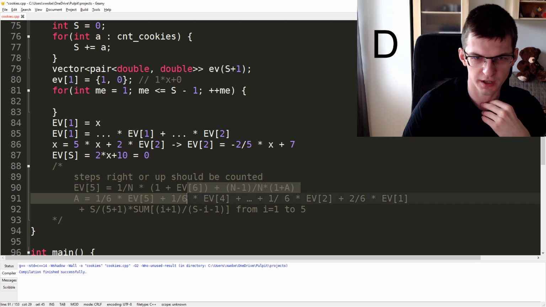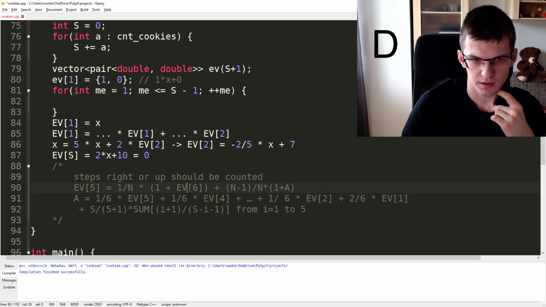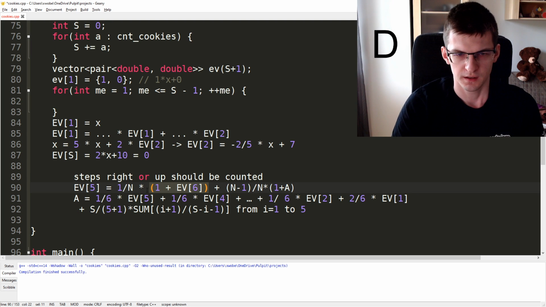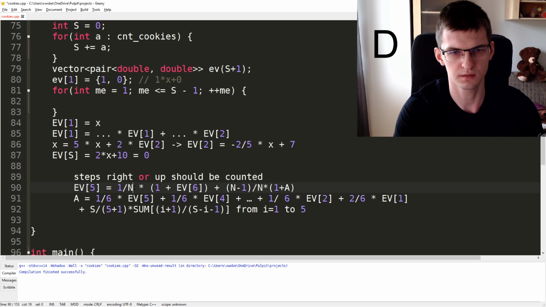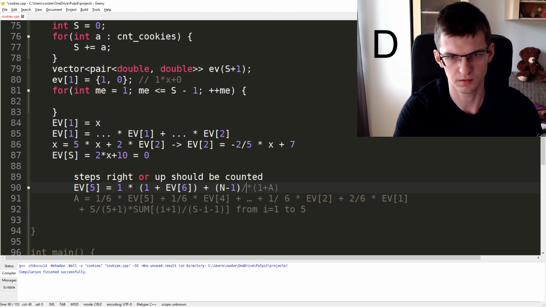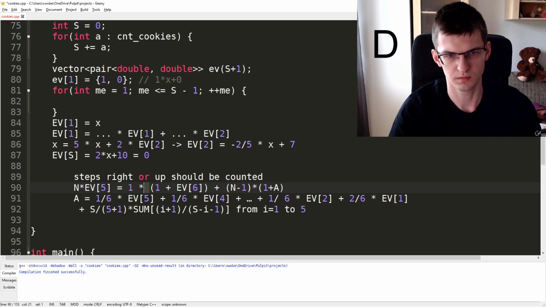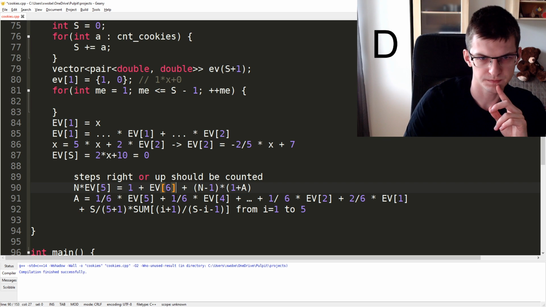From this I want to get EV of 6 actually. So should I transform that a little bit? This will move to the left, and this will move to the left, EV6. Maybe I should multiply both sides by n. Yeah, that's better.